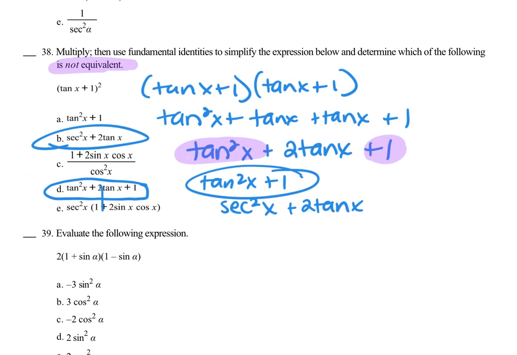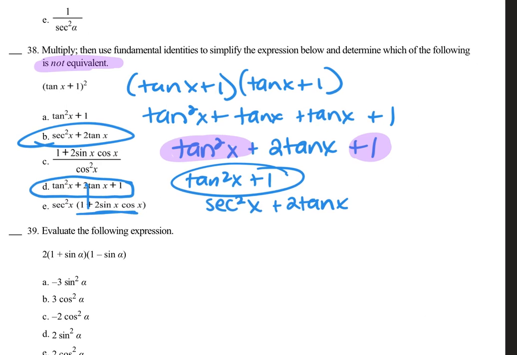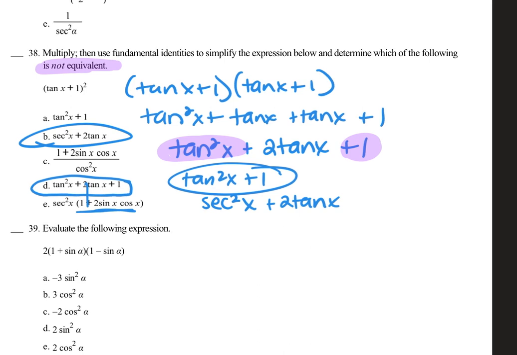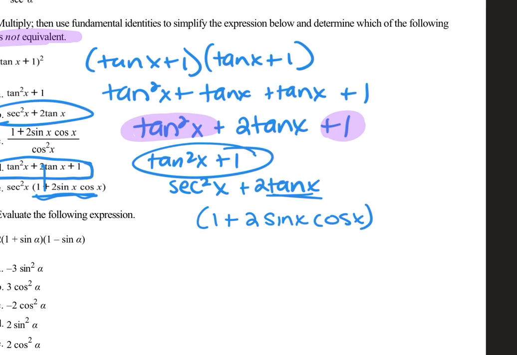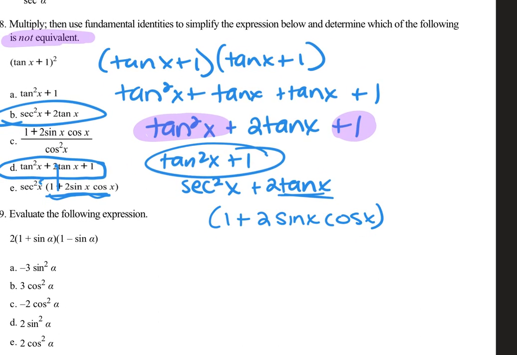And then this would be if you replace tangent. So if you actually worked this one out, 1 plus 2 sine x cosine x, you would have to distribute: secant squared x plus 2 sine x cosine x times secant squared x.